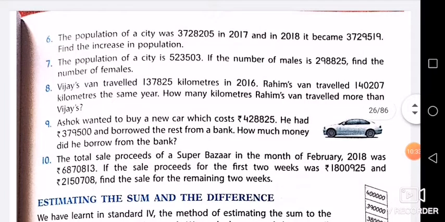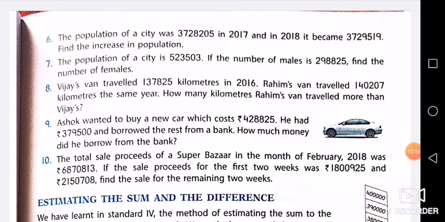So the population of a city in 2017 is given, and the population in 2018 is also given. For increase in population, as I told you in the keywords also, wherever the word increase is used, you are supposed to do subtraction.